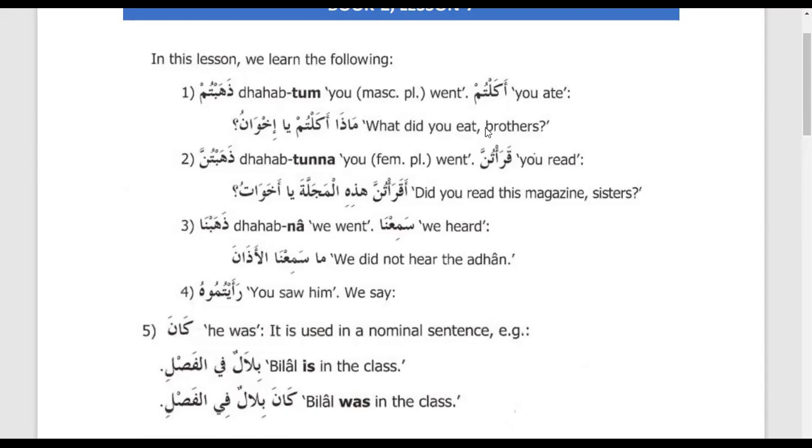Akalna. Okay. And we read, قرأنا. Excellent. And we heard, sami'na. If we want to say we didn't read, we say ma qara'na. And we didn't eat, ma akalna.